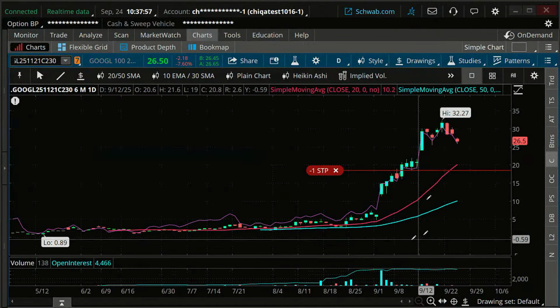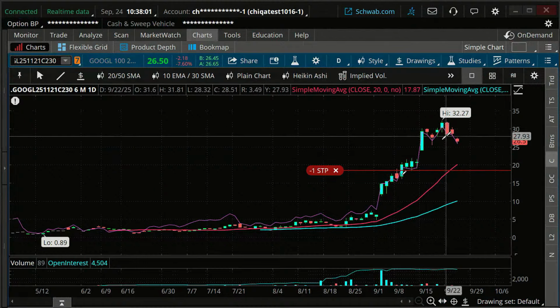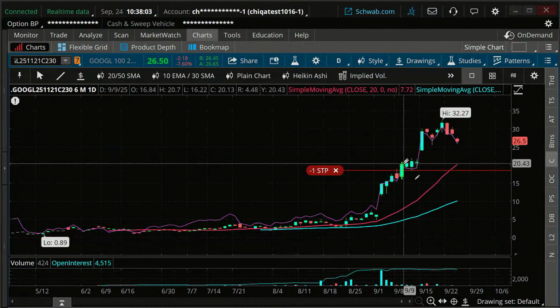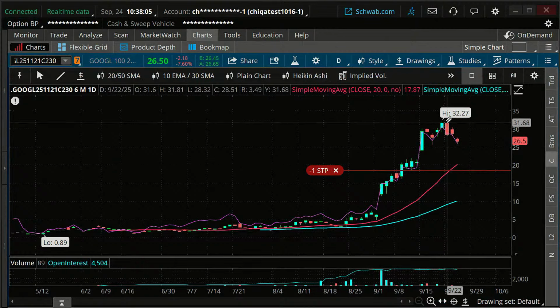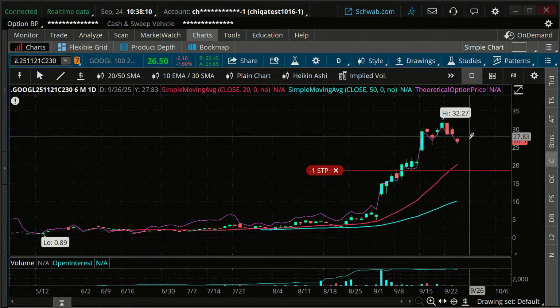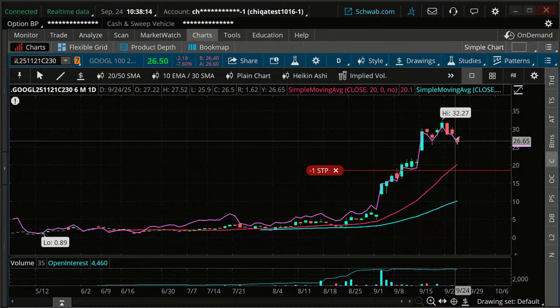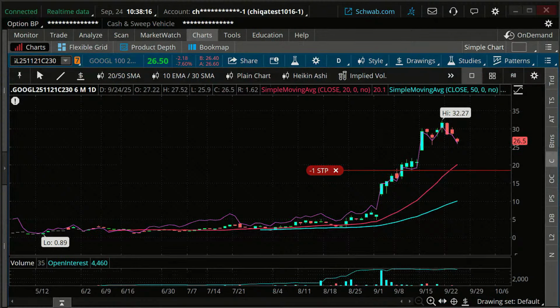Okay, here's my option price. This is the price of the option. Normally I don't chart out options, but we got this. Just look in the last few days what this price has done. It's gone from 32 bucks down to 26 bucks. It's like a $6, like a 20% change in just a couple days on that option price.